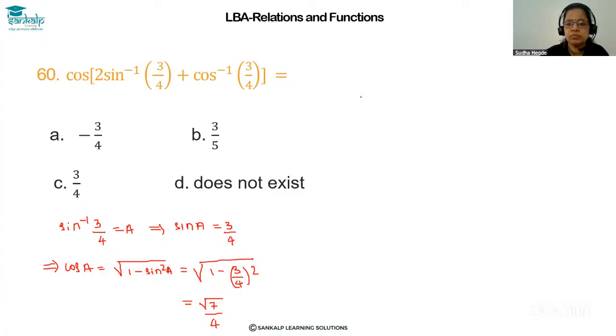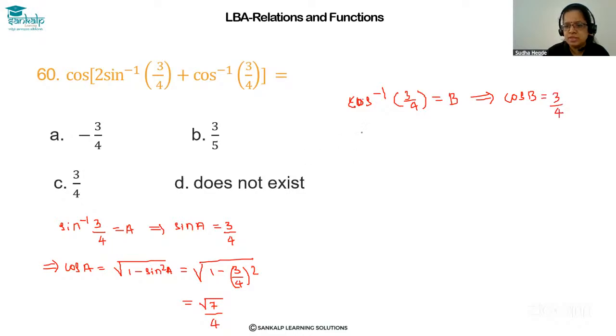Now, let me take cos inverse 3 by 4 as B. That implies cos B is equal to 3 by 4.